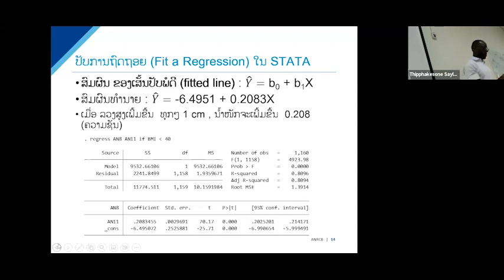Is there any case where the p-value and the CI don't go together? Can it happen? Technically, no. Off the top of my head, I don't see a case where that would happen.